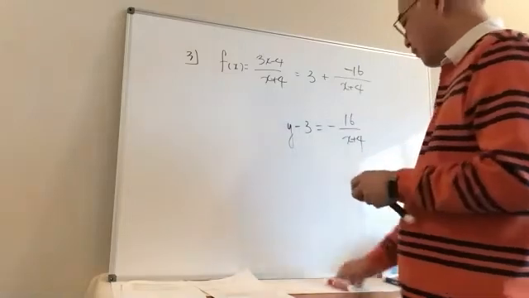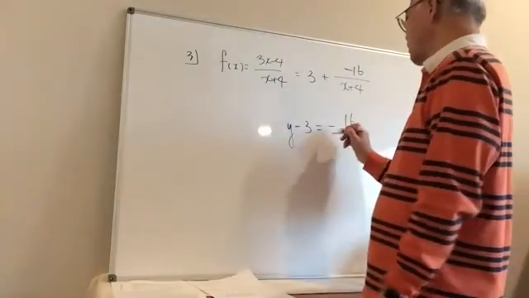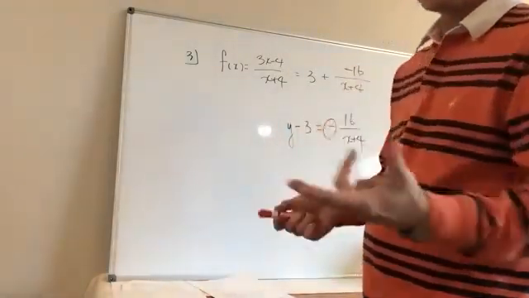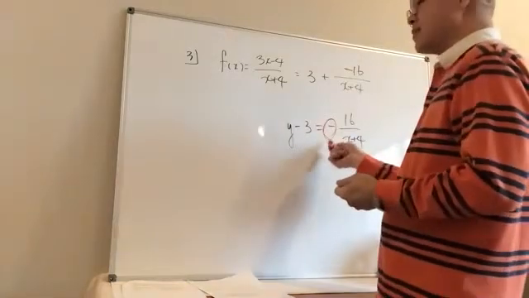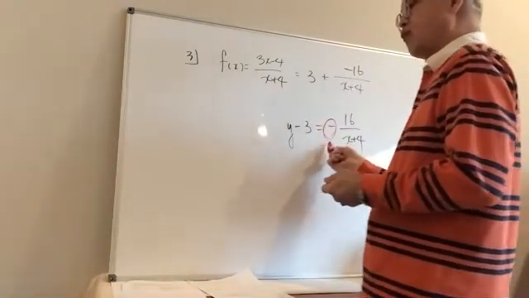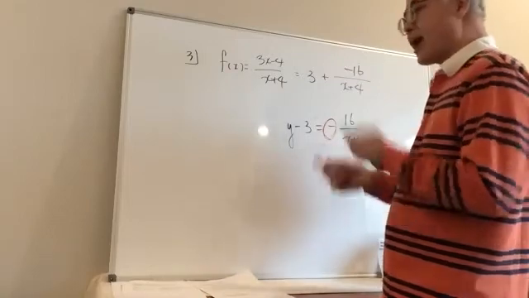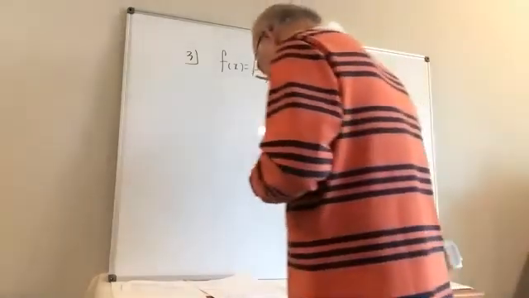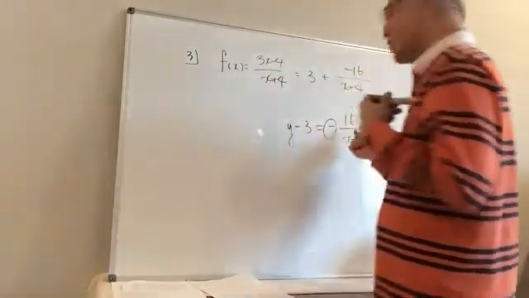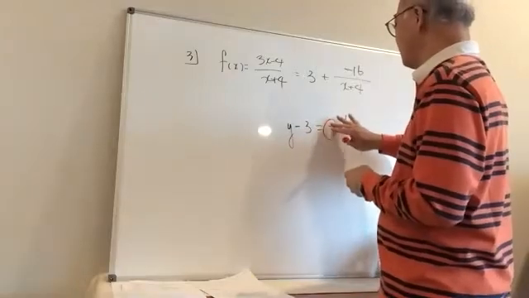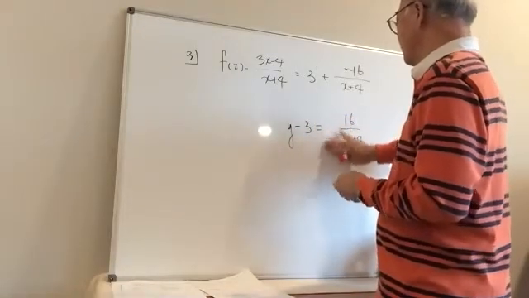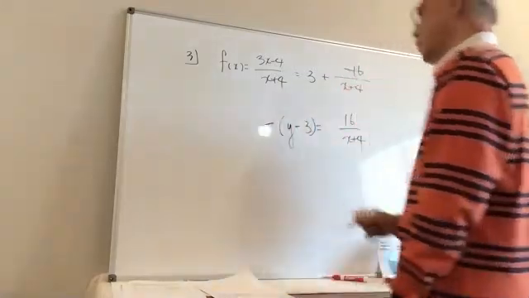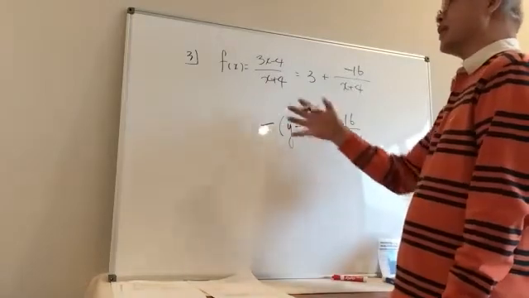Most of you, if not all of you, got this part wrong. There's no such thing as a vertical stretch of negative 16, right? This negative is a reflection. If you move the negative over to the y side, you're basically taking where y is and putting negative y.